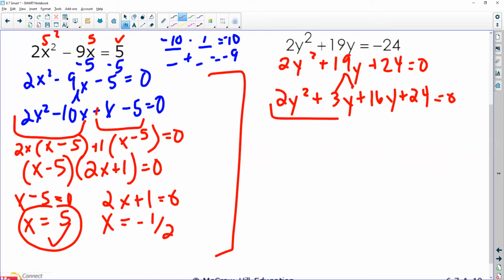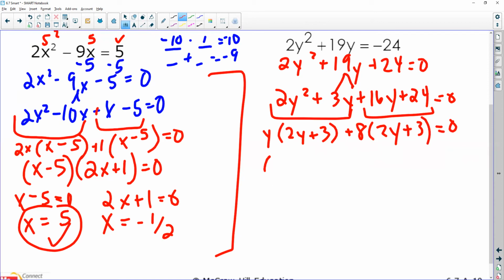And then I'm going to group. I'm going to take y out of the first one and get 2y plus 3. And on the second one, I'm going to take 8 and get 2y plus 3.